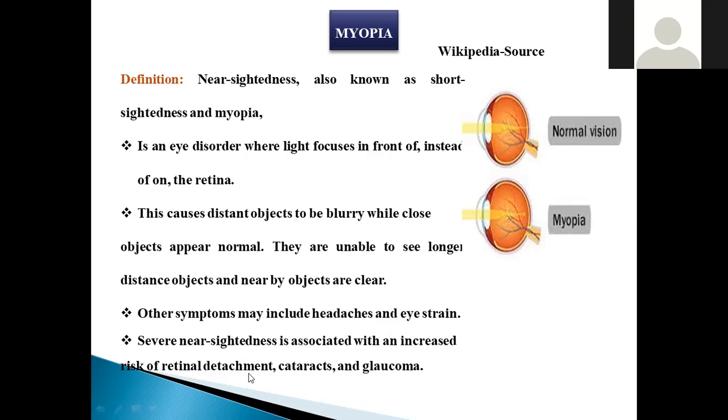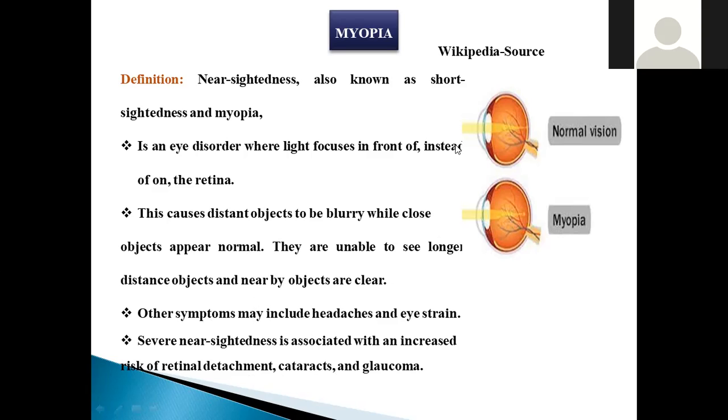So the retina will not respond to the vision, and cataract and glaucoma are other eye disorders which are generated. If this kind of defect continues for several days, there is a possibility of diseases like cataract, glaucoma, and retinal detachment. These are some other defects which are associated with myopia.